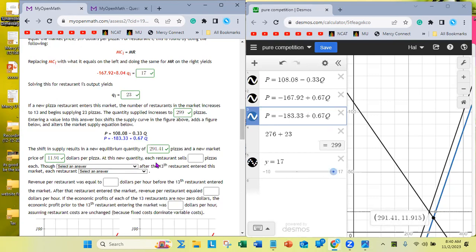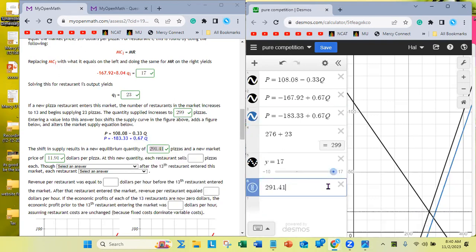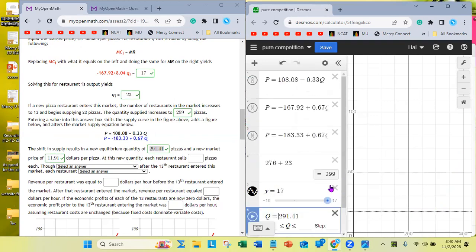At this new equilibrium quantity, each restaurant sells what? Well, the 13 restaurants now will split the 291.41. Let me just check something real quick. I'm going to make this Q equal to 291.4. So yeah, notice right here, the price is 11.91, because that's a 4.7.